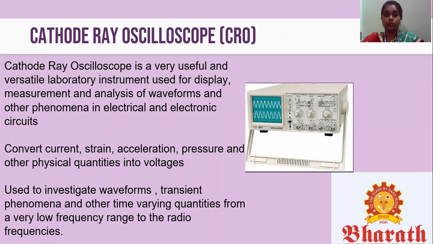Cathode ray oscilloscopes are used to investigate waveforms, transient phenomena, and other time-varying quantities from a very low frequency range to the radio frequencies. They are now available which can measure frequencies up to 1 gigahertz and observe events as small as 20 hertz in duration.